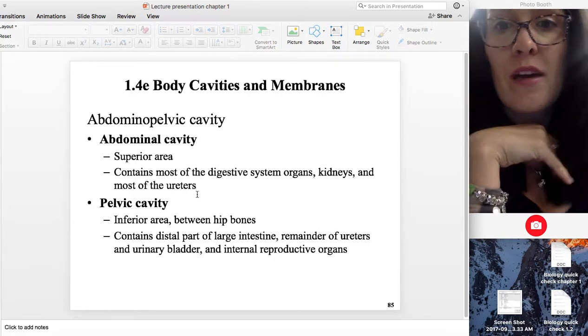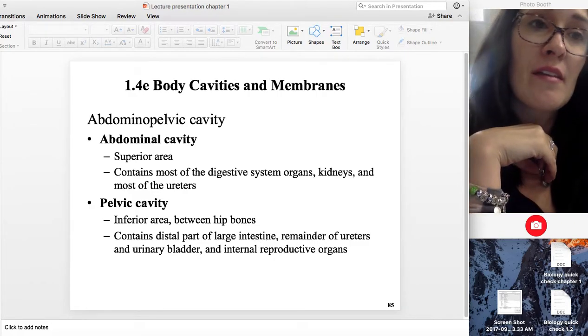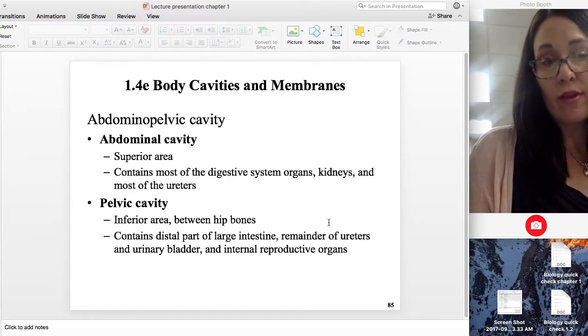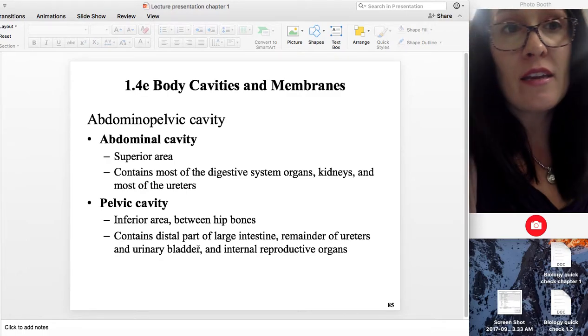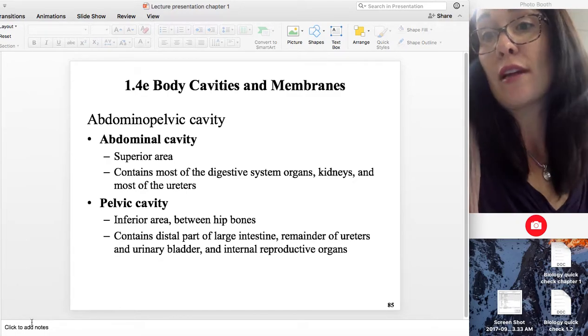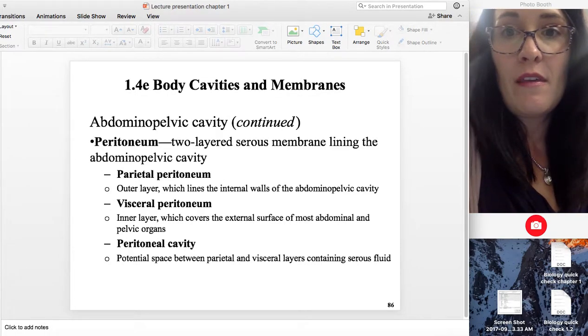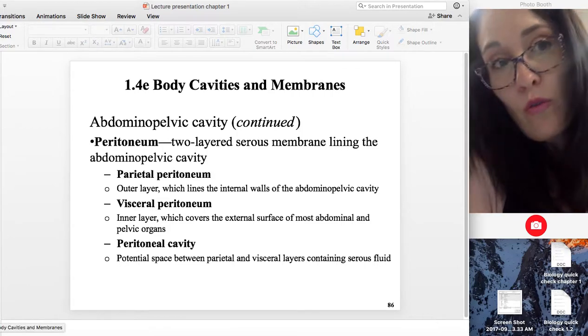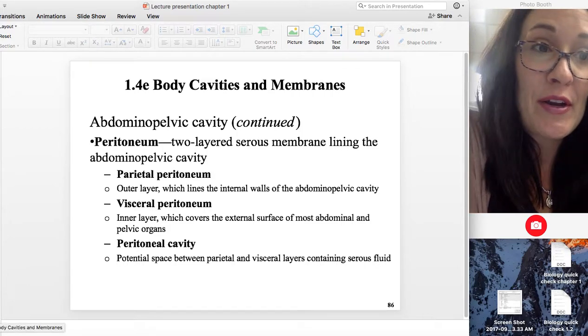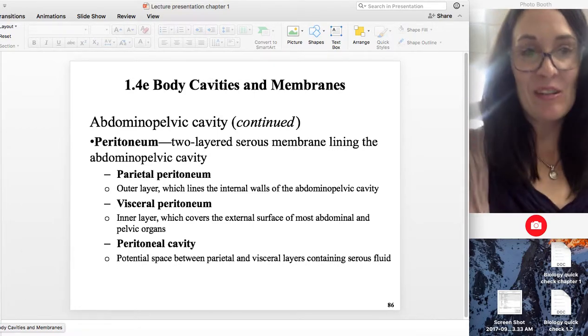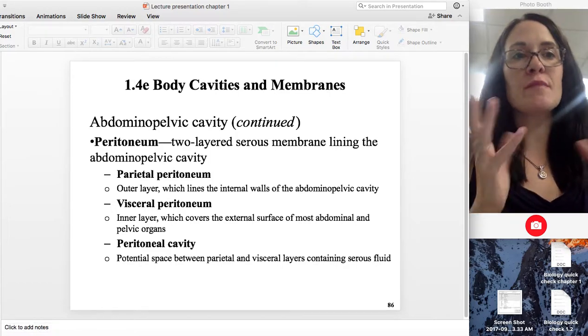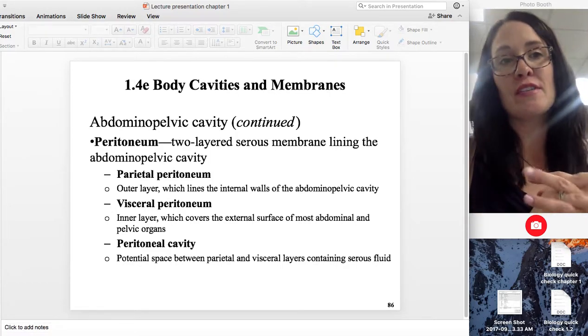Part of your large intestines are in there, your ureters coming off your kidneys, your bladder is in there, and then your internal reproductive organs. One other serous membrane, whew, lots of words. One other serous membrane that you need to know is called the peritoneum.